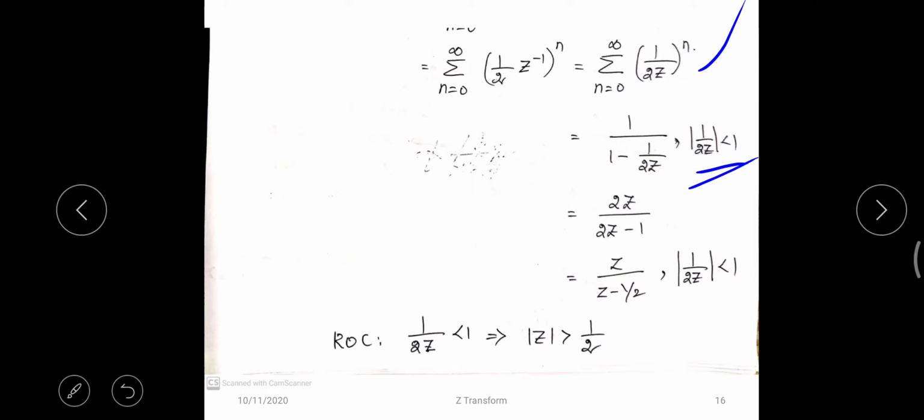Coming to the ROC of (1 by 2) whole power n u of n, we need 1 by 2z is less than 1. So I have to find the values of z from this. If I solve for z, I am getting mod of z is greater than 1 by 2. This is only for one portion of your x of n.